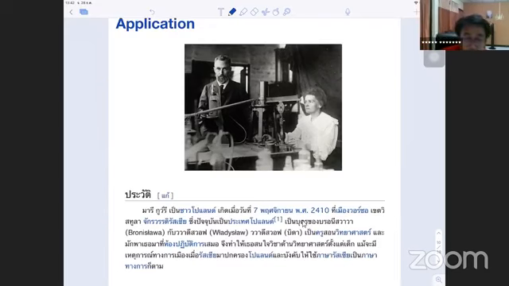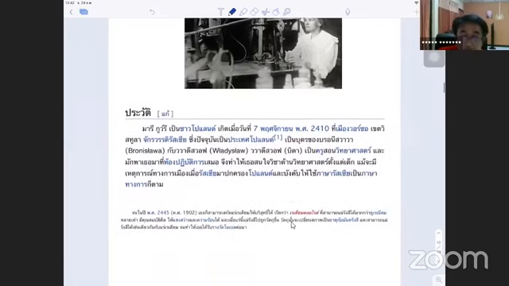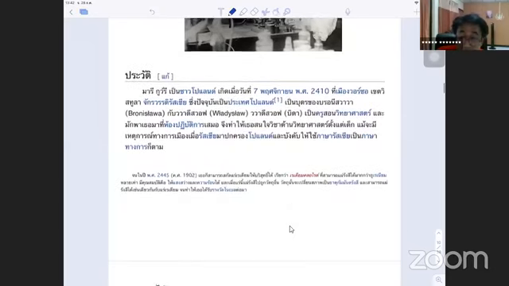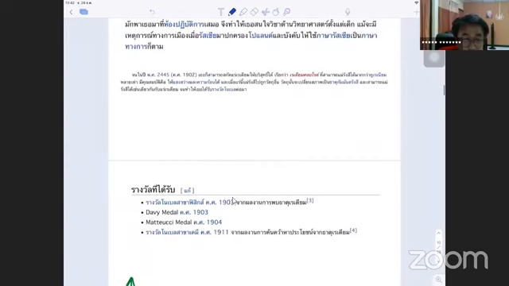She was born in Poland, and she went to France to study mathematics and physics. She found the radium, the radiation of radium. She got the Nobel Prize in physics in this year and Nobel Prize in chemistry in this year.